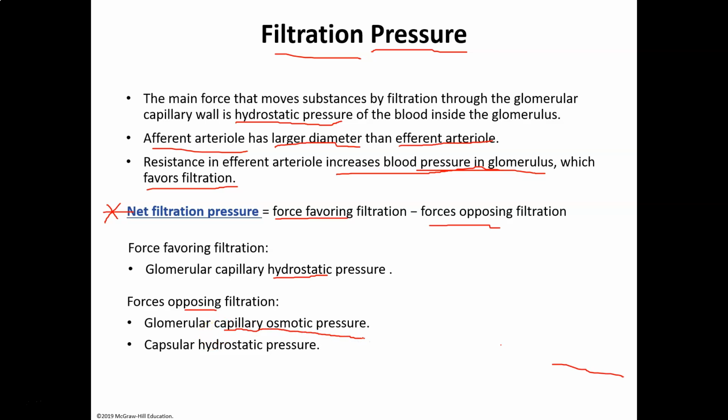That just means the fluid wants to get back inside the glomerulus. Because of osmotic pressure, it wants to force itself back into the blood vessels. It's less than hydrostatic pressure, but still, it wants to come back in. And then there is also, inside Bowman's capsule, a slight hydrostatic pressure that wants to push back. It's less, but it's still there.